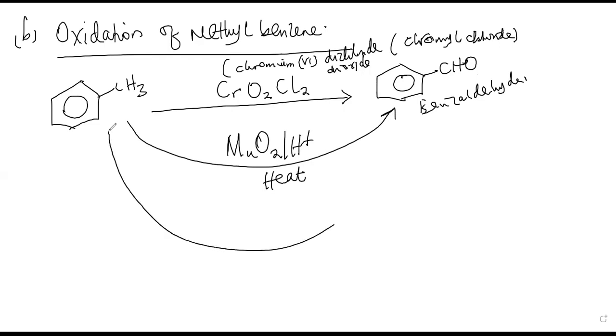Alternatively, you can go there by using acidified chromium 6 oxide, and then you heat. As simple as that. So oxidation of methyl benzene, or what we call toluene, can give you the final answer.